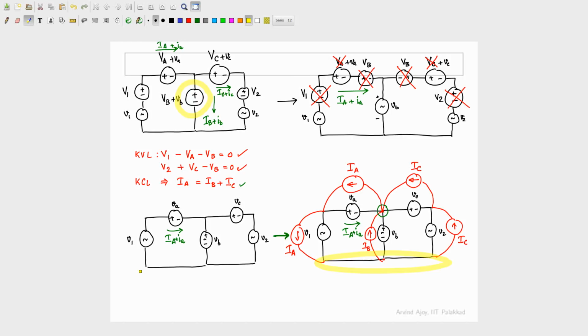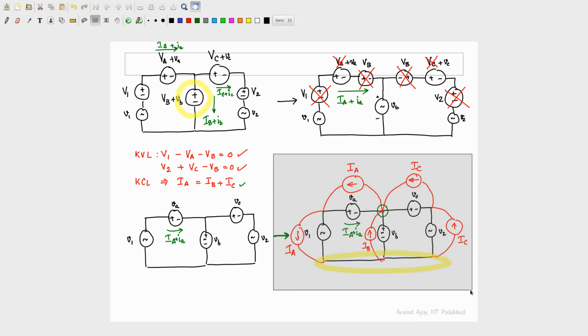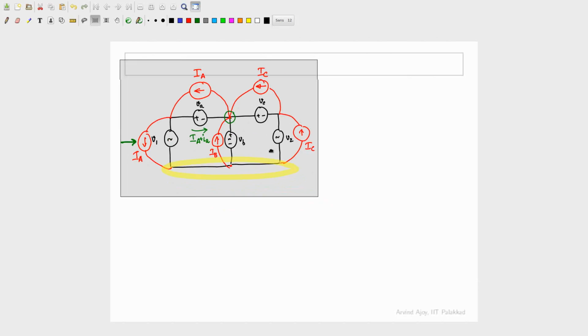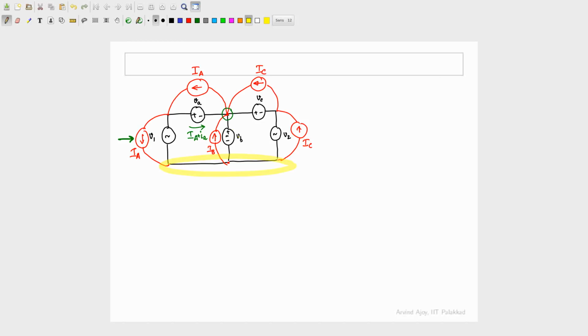Now, do I have to worry about this other node here? No, because by construction, if you take this bottom node, to see what are the red things that I have done, I'm putting in IA and taking out IB and IC, which is also 0 because of this KVL. Now, once you have this, what are you going to get? What's the advantage? Once I have that, what's the advantage?